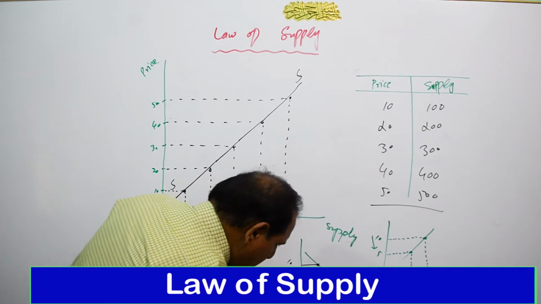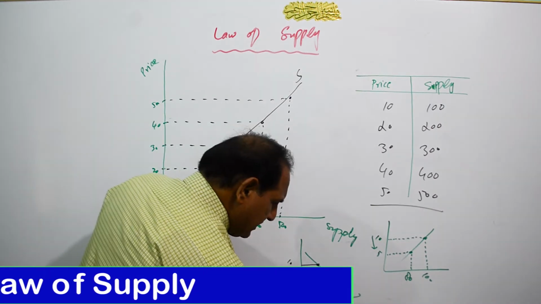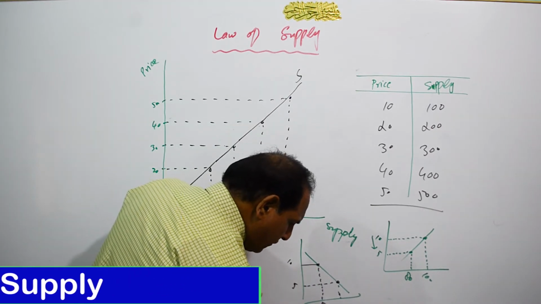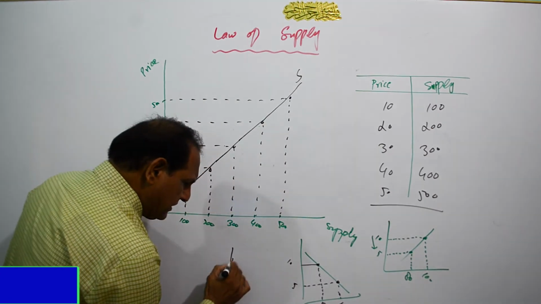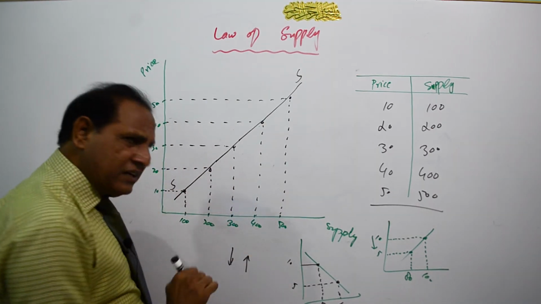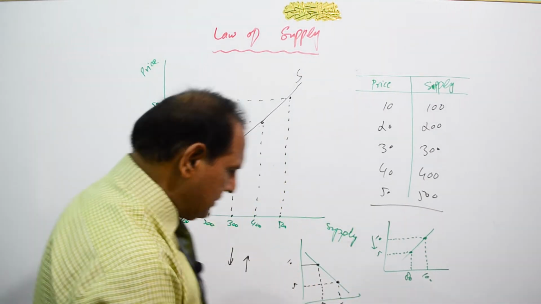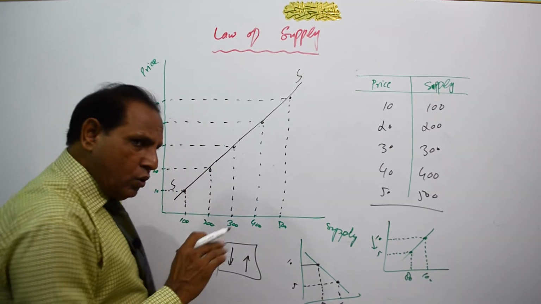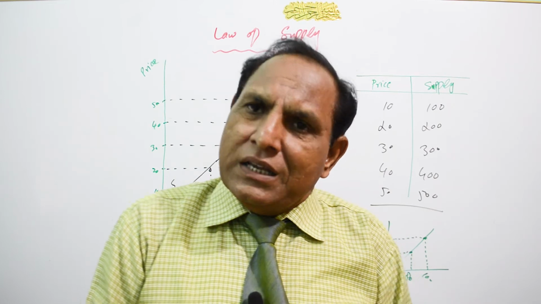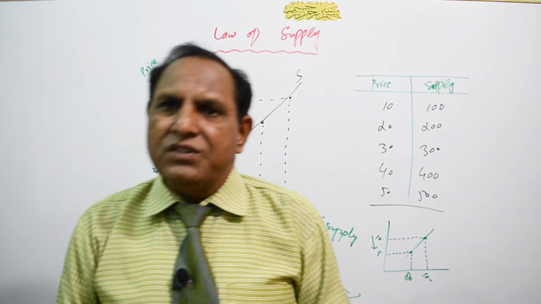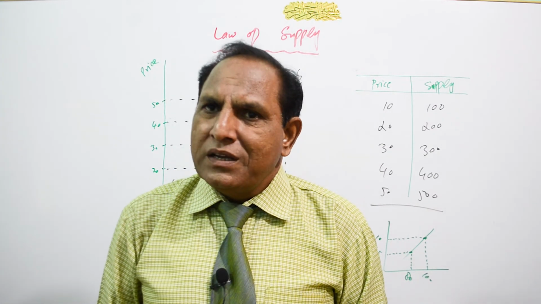But when the price decreases to 5, we will see that the quantity of this good increases. Price decreases and the quantity increases. This is the diagram of demand. If these 2 elements go in opposite directions, this is the diagram of demand. If these 2 forces go side by side, this is the graph of supply.